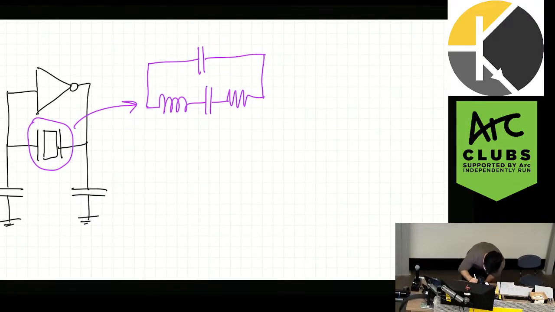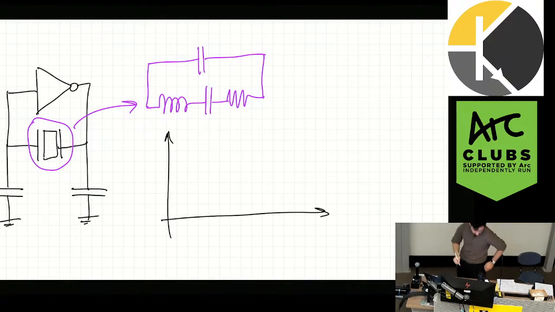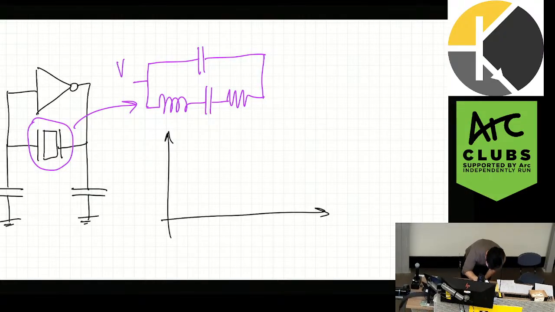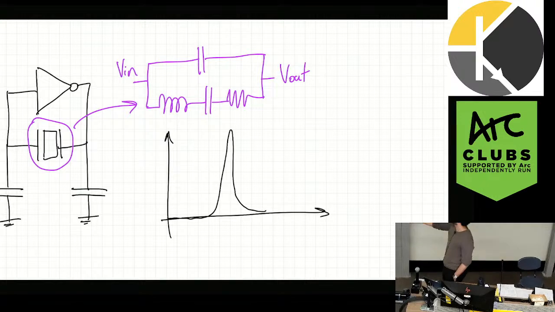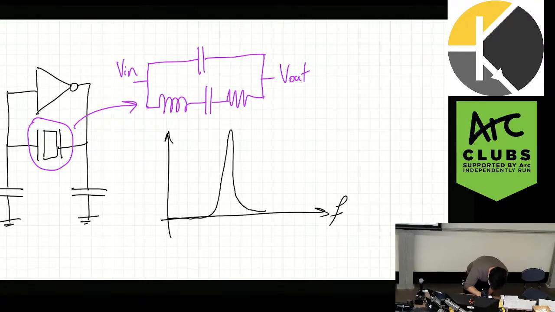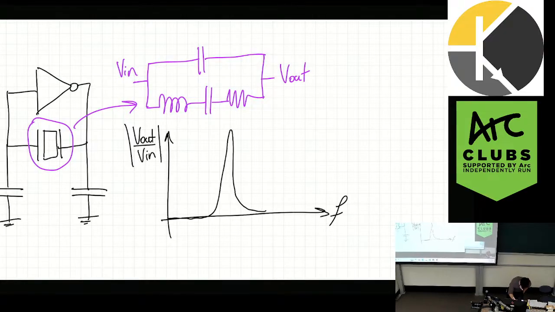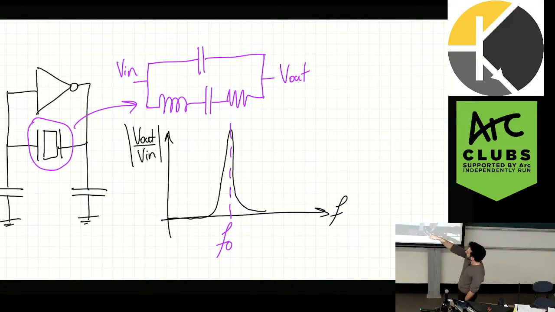Now, what is really important about this crystal is its properties of what happens when we look at the input and the output. So you can imagine if I have an input to the crystal and an output to the crystal, it has a very selective behavior. So it has a sort of very selective bandpass behavior with a high quality factor. So this is like if I drew frequency versus Vout over Vin. So what we can see is that at one particular frequency, f0, the crystal is essentially like a piece of wire in this part, right?